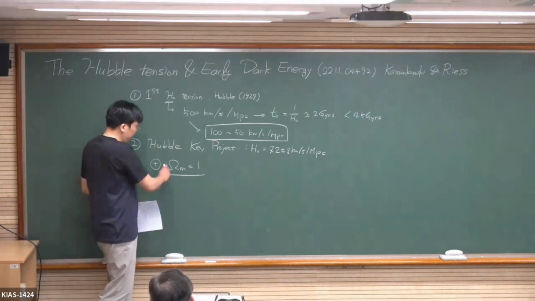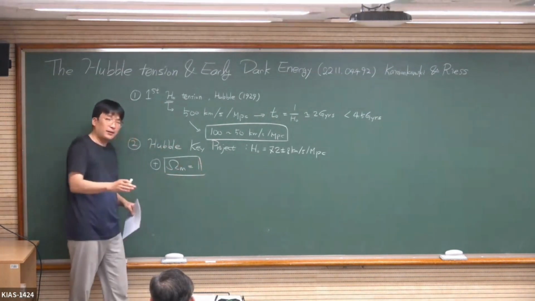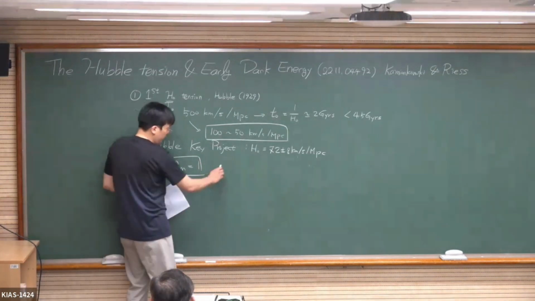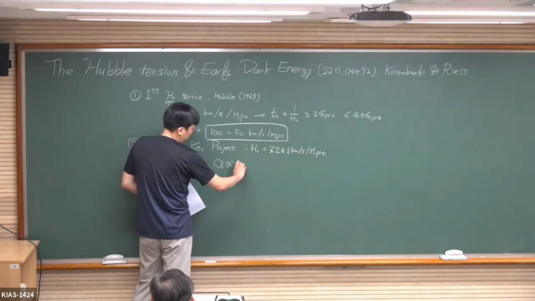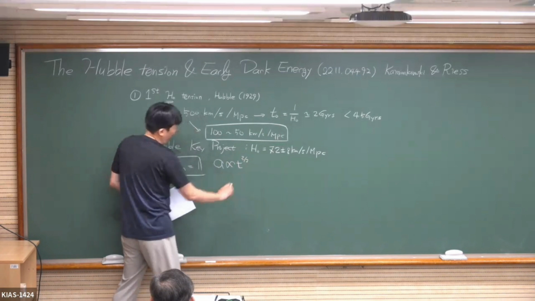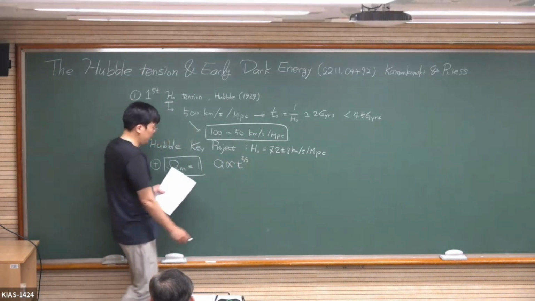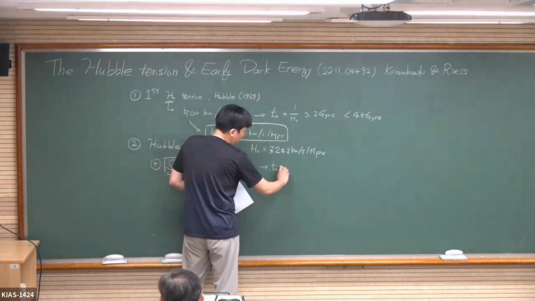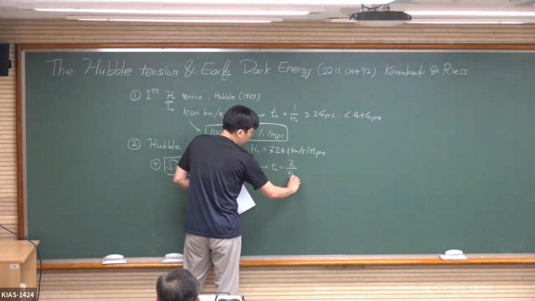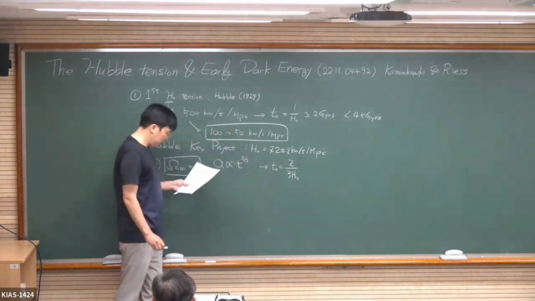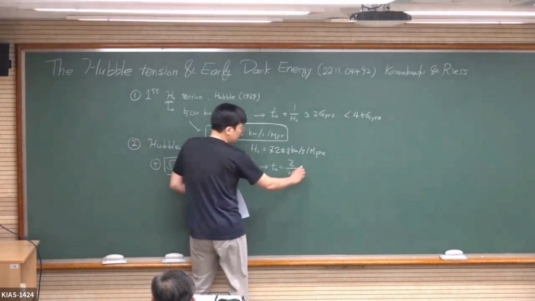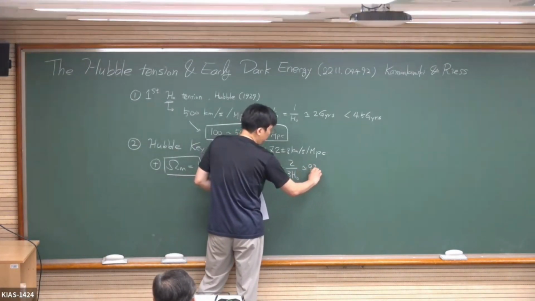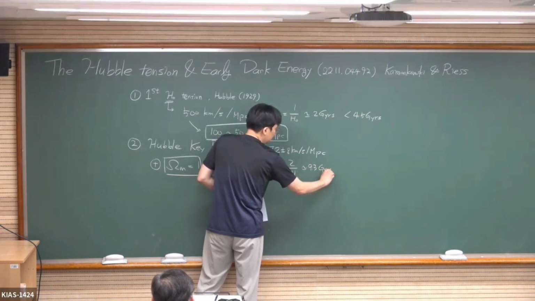If Omega matter is 1, if matter dominates the universe, then we know the expansion, the scale factor, is proportional to t to the 2/3. That gives us t0 equal to 2/3 H0 inverse, which is about 9.3 gigayears.